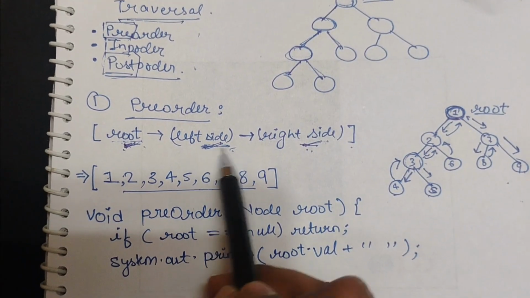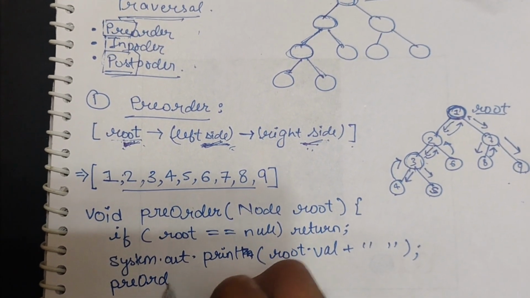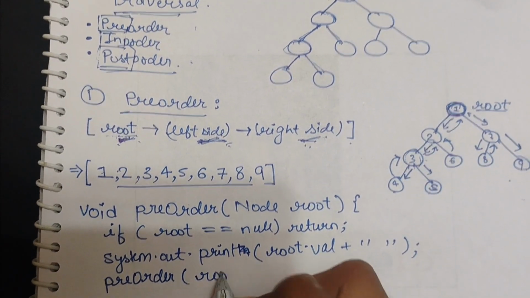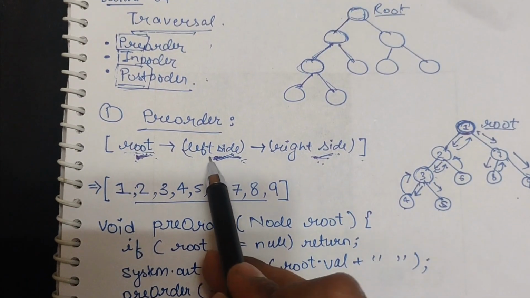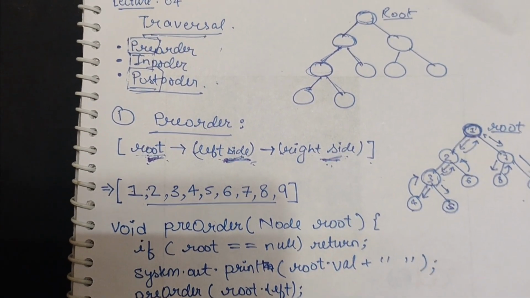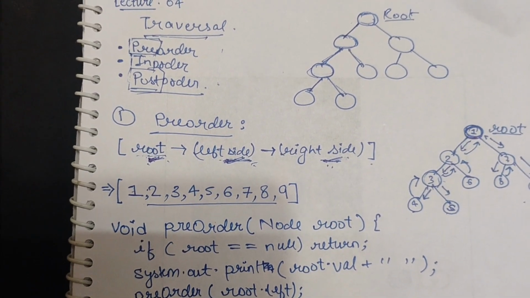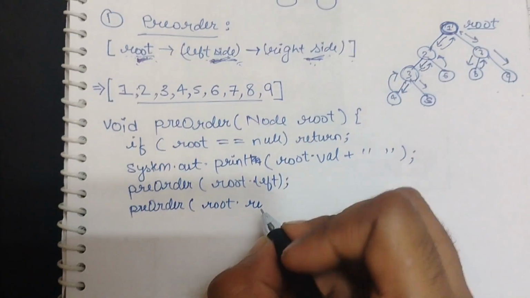Now I will move to the left part. Then I will call this preorder with root.left. Then after executing this call, it will move down to the right side. That is, I will call this function preorder, but now with root.right.